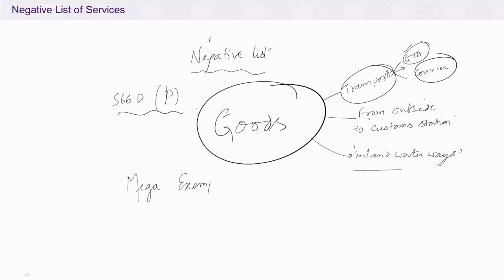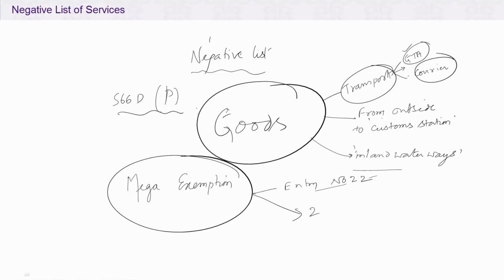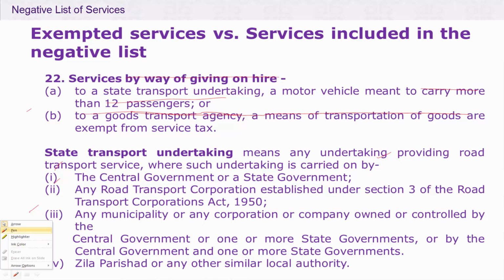If you look at mega exemption, entry number 22 and entry number 23. So, let us go back to the PPT presentation. In entry number 22, the A part is for passengers or persons, and the B part is for goods, relating to goods transport agency.